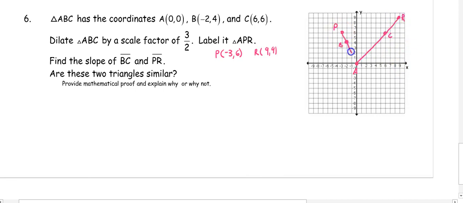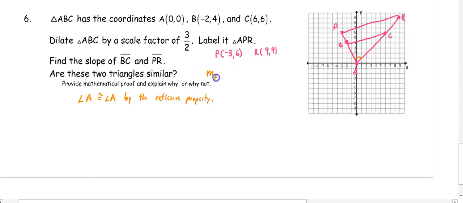So now I need to prove that these triangles are similar. So when I'm proving the triangles are similar, remember I want to see if there's any angles that repeat. Well, A is in both triangles, so we can say A is congruent to angle A by the reflexive property. Then to get one of our other angles, we need to find parallel lines first.